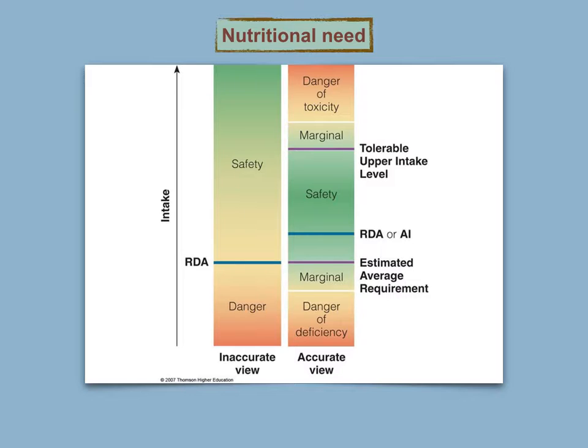So let's review what we said. There's a safety range for the food, very narrow. Above that would be the tolerable upper intake level, what your body can tolerate but is not good for you. Exceeding that level will become toxic.